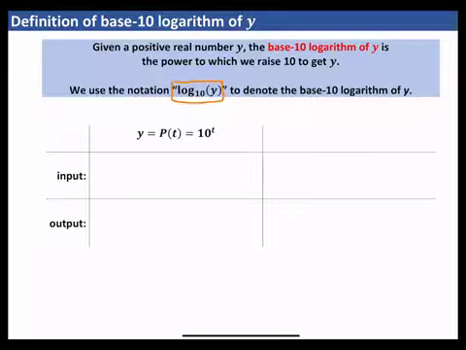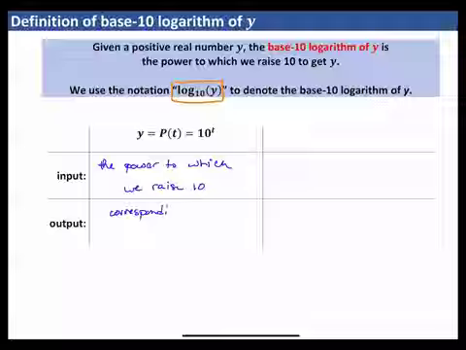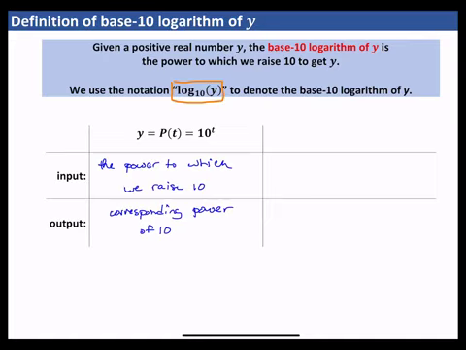Let's look more closely at how the base 10 logarithm is related to the powers of 10 function. In the powers of 10 function, the input t is the power to which we raise 10, and the output is the corresponding power of 10. If the base 10 logarithm is the power to which we raise 10, then what we're really saying is that the logarithm base 10 of y equals t.